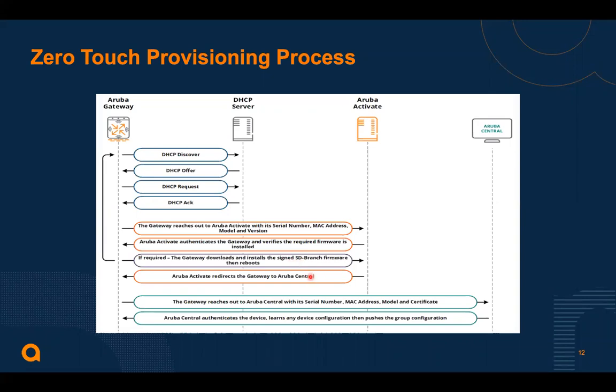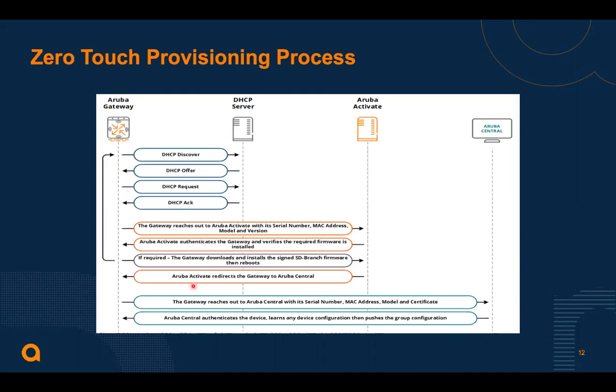Once it comes up, Activate redirects the gateway towards Central with a set of predefined rules that we already have on Activate, for MD, as in the branch gateway, towards Aruba Central.